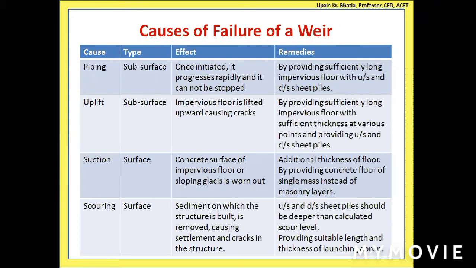So sufficient thickness at various points should be provided, and upstream and downstream sheet piles are also there. All these things, along with sufficient thickness at various points, are required for resistance against the uplift pressure. In general, these two failures can be prevented by designing this impervious floor properly. That is of course the topic of the next chapter.